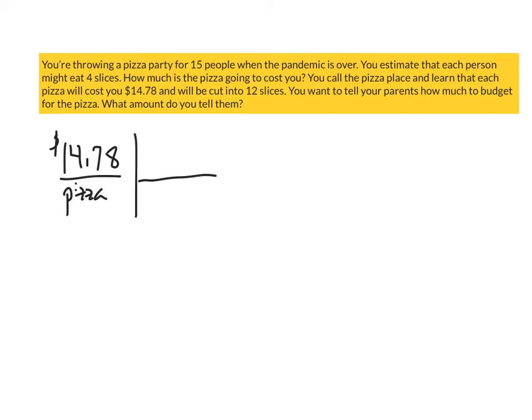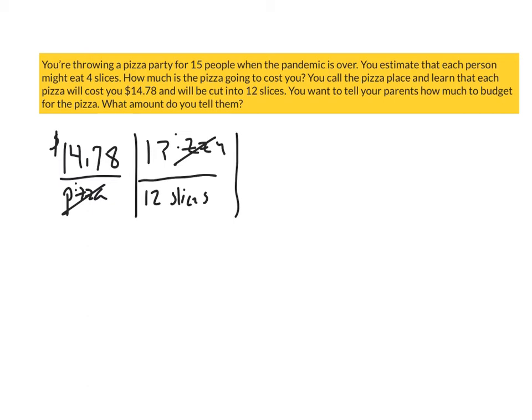So I have to take that idea and say, all right, my 12 slices per pizza must be written as one pizza is going to be 12 slices. Then pizza cancels. But now I've got $14.78 for 12 slices. I still want to know how much is going to be my total party.